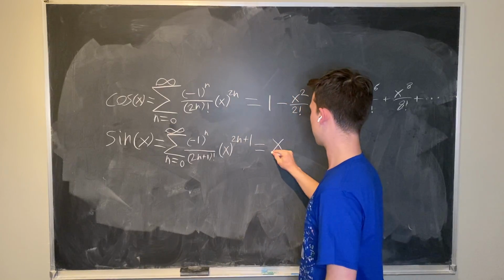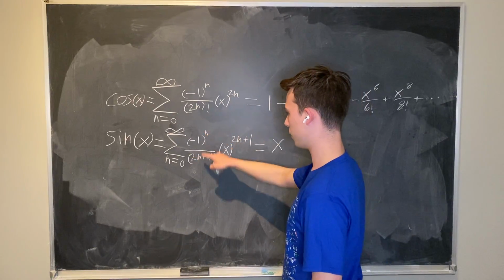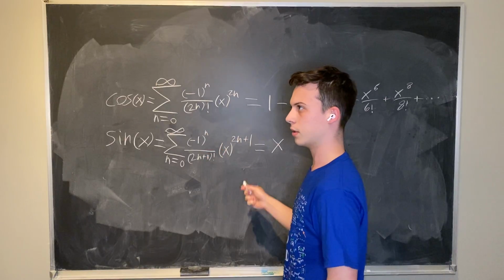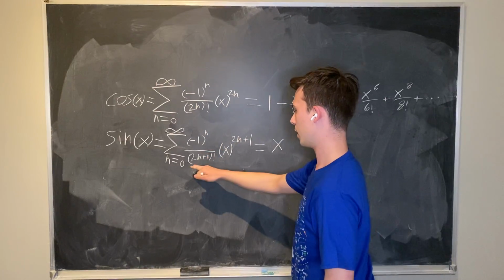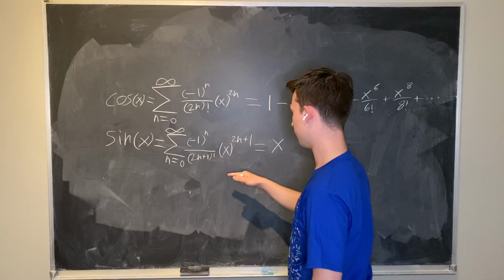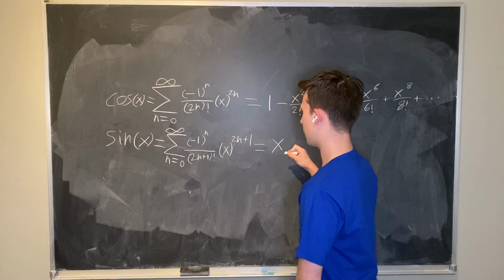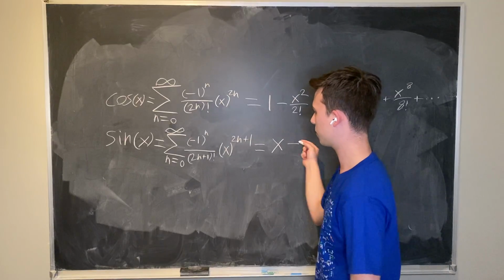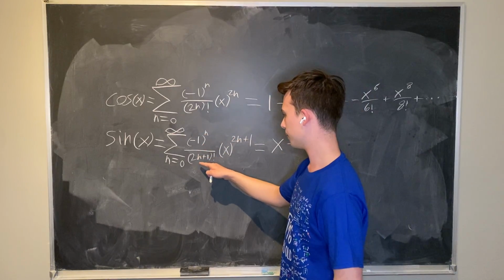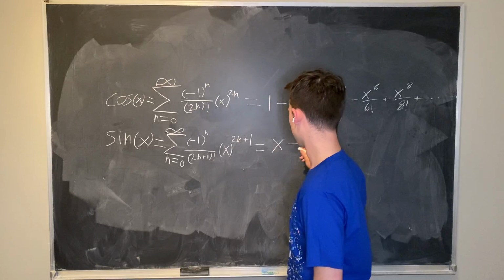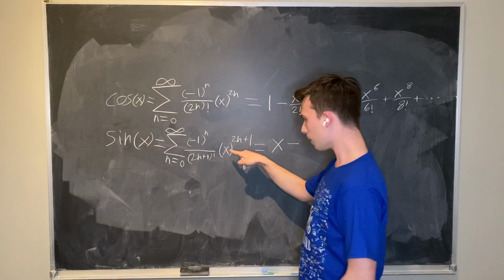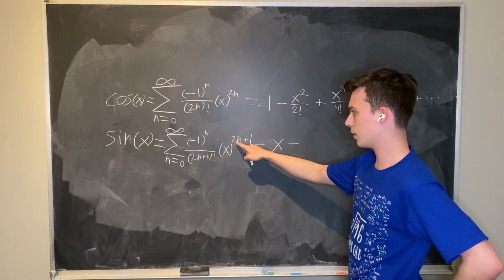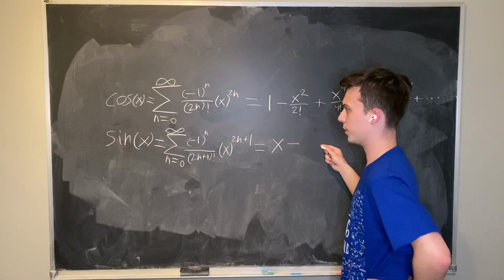We plug in 0, we get -1 to the 0th power is 1, over 1 factorial, which is 1, times x to the first power. At n equals 1 we get -1 over 3 factorial, times x to the 2 times 1 plus 1 power, which is 3.